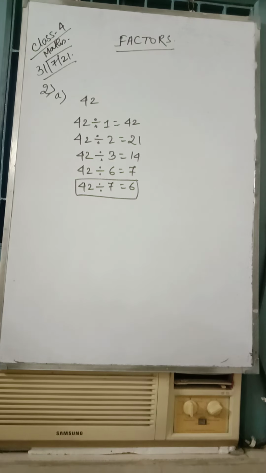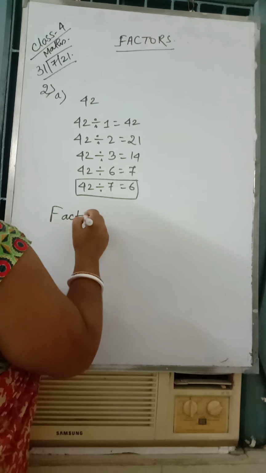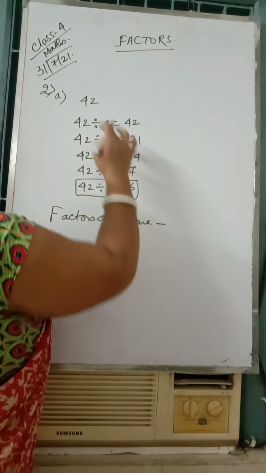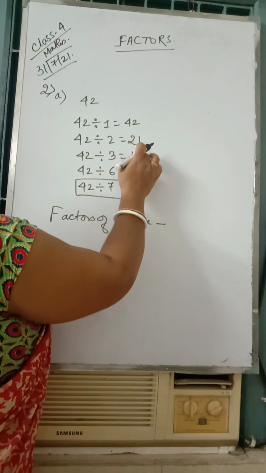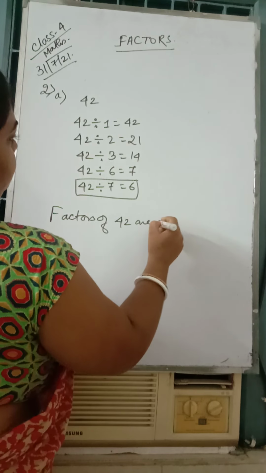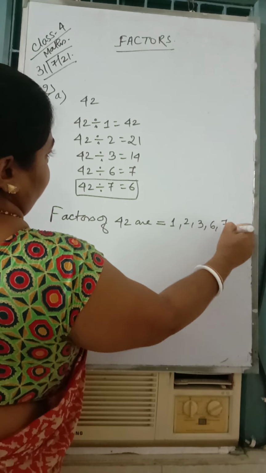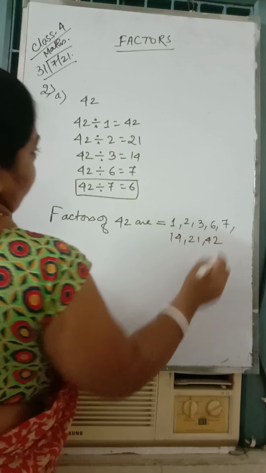So we stop division here. The factors of 42 are 1, 2, 3, 6, 7, 14, 21 and 42.